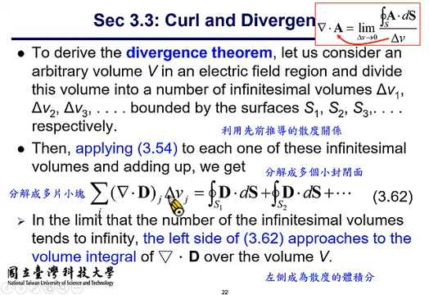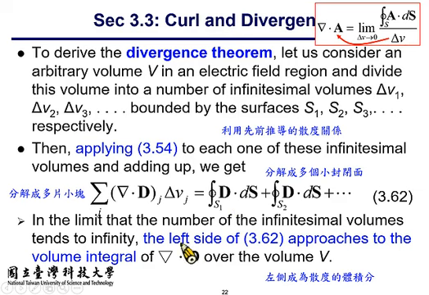So here, to the left, you have the summation of divergence of D at a point times its neighborhood, a small 3D space. And according to this relationship, the right-hand side of the equation becomes a collection of closed surface integrals of these many small regions. All right.